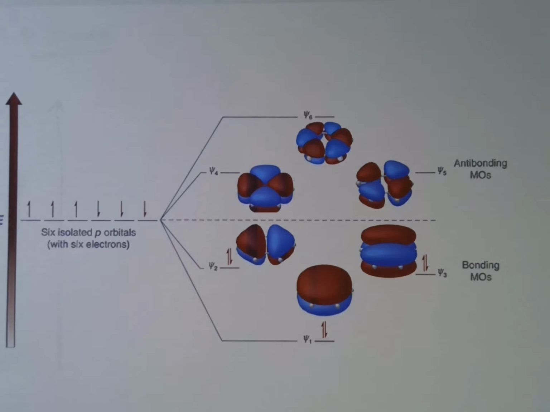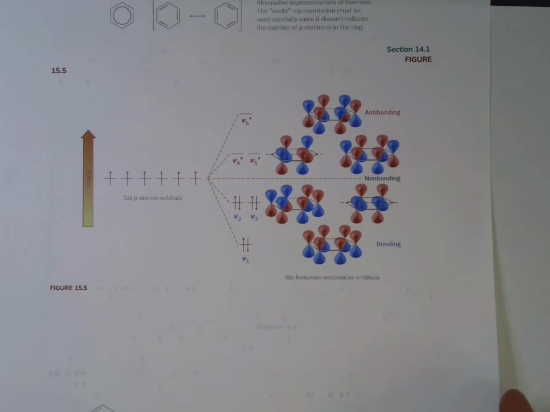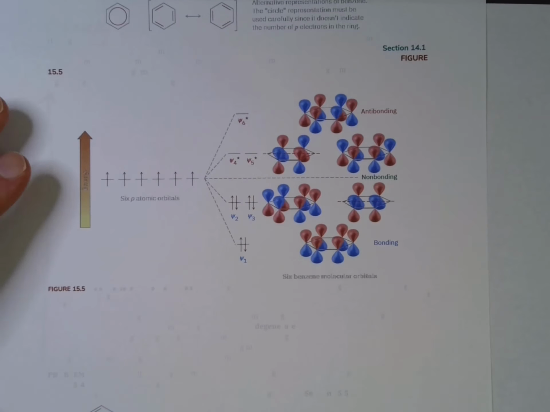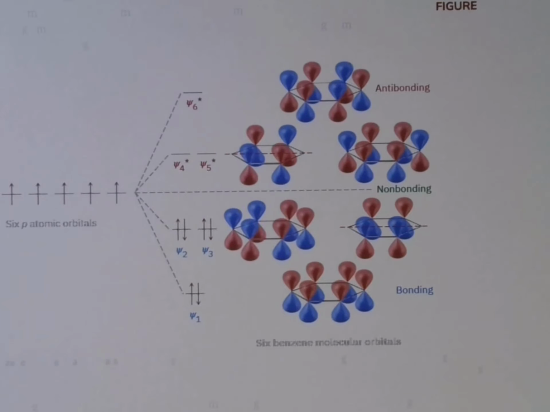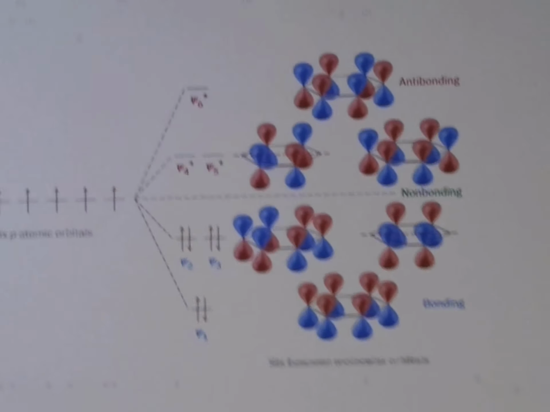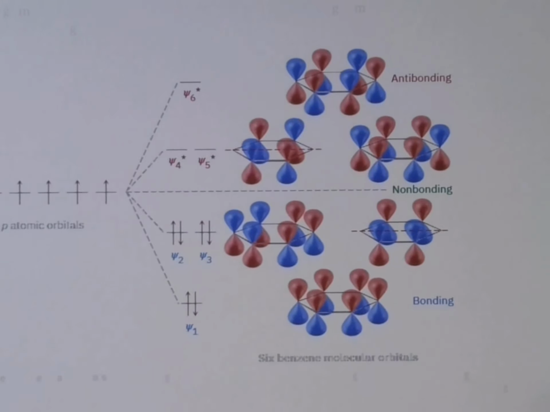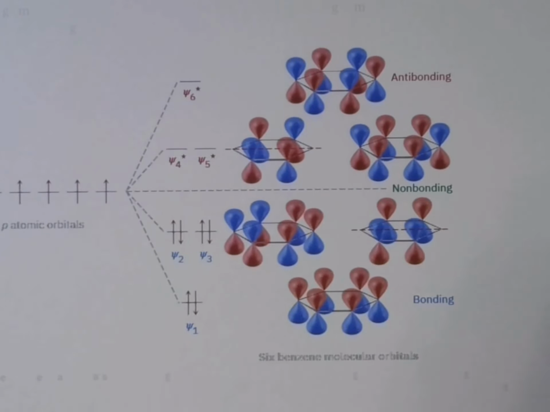The picture from the McMurray text is drawn a little different. And so let me zoom in a little bit more here so you guys can see this. Put a light on here, see if that helps a little. All right. So look at the lowest energy orbital.